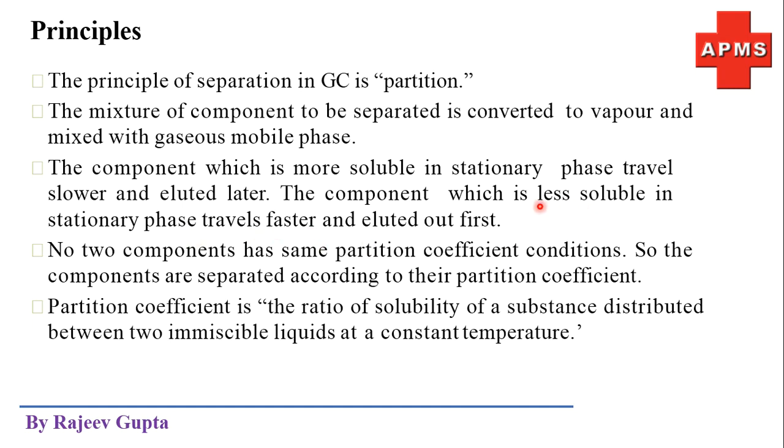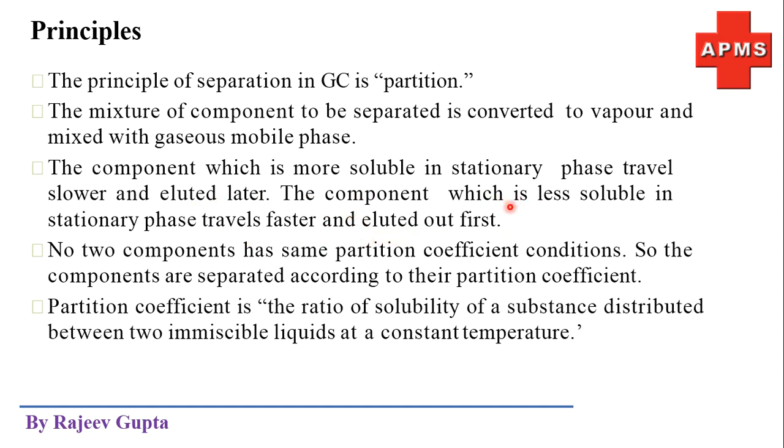Sample molecules which are less soluble in the stationary phase will travel faster. Obviously, a component that does not interact with the stationary phase will move faster with the mobile phase gas, and it will elute first. It comes out from the column first.